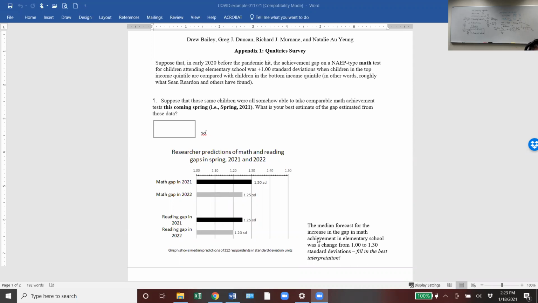The median forecast for the increase in math achievement in elementary school was a change from 1 to 1.3 standard deviations, dash, a change that, fill in the blank with the words that will best convey the magnitude of that 0.3 standard deviation increase. So I want you to take a little bit of time and think about that.